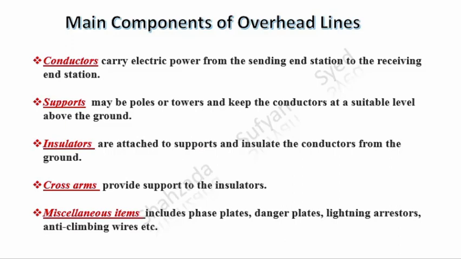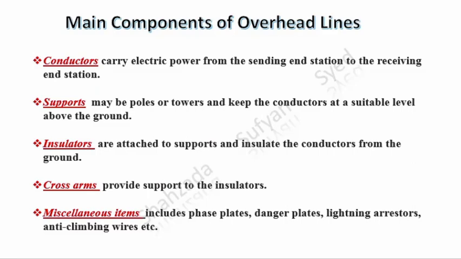The supporting structure may be poles or towers, and they keep the conductor at a suitable level from the ground. The supporting structure can be made up of wood or steel or their alloys.